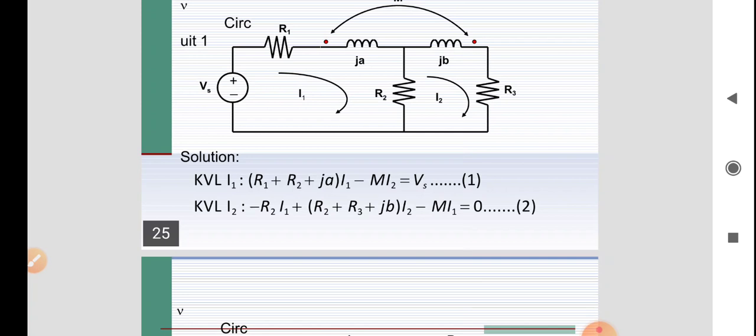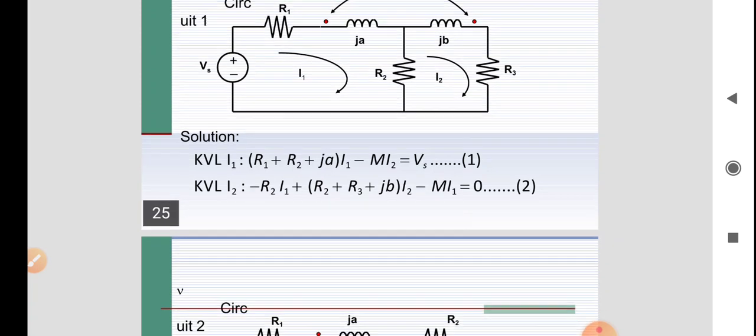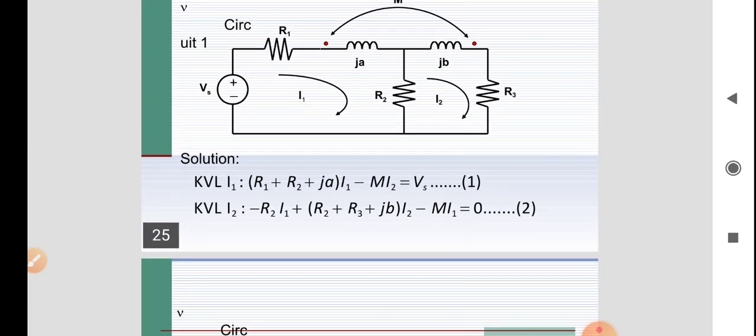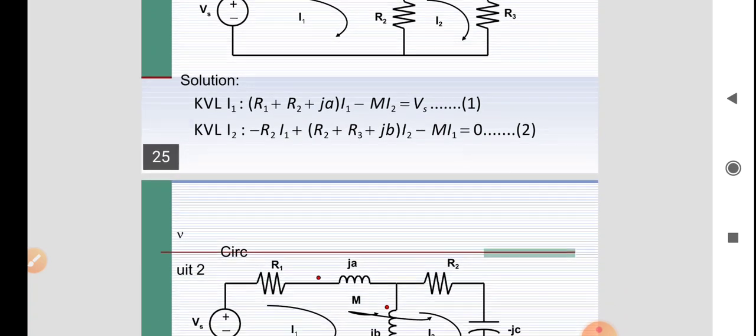As both are in opposite directions, we have a negative sign for the inductance, so minus M. As I have told you, mutual inductance is always represented with the opposite current. So the opposite current for loop 2 is loop 1's current, that is the reason we write minus M into I1. As we are not applying any external voltage source for loop 2, it is equal to 0.